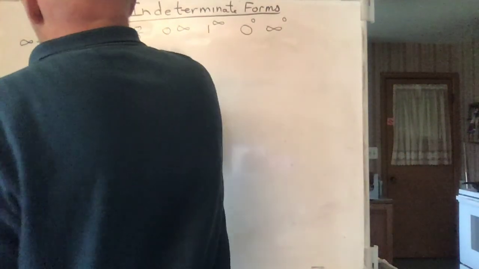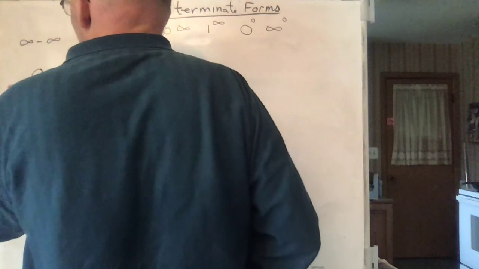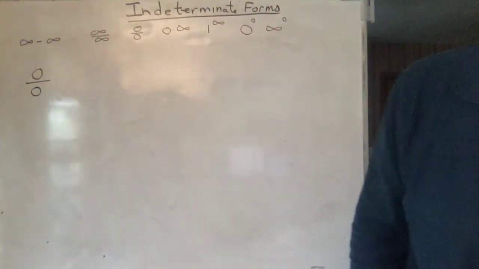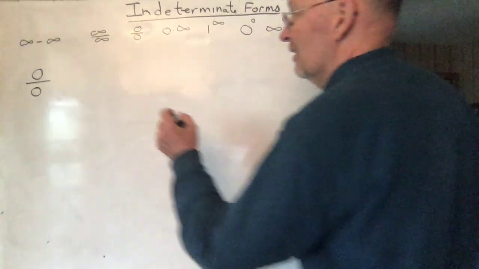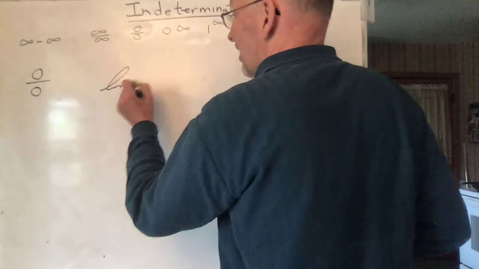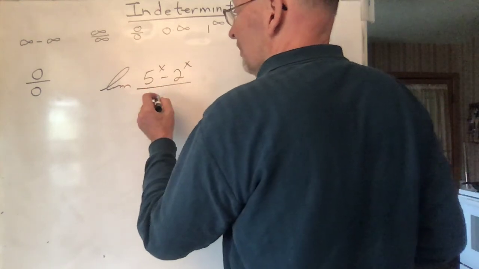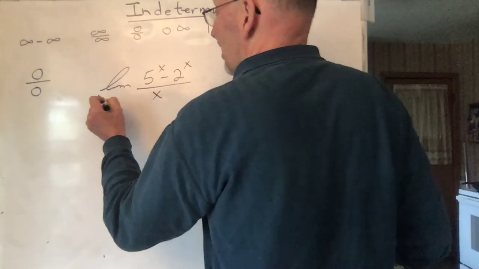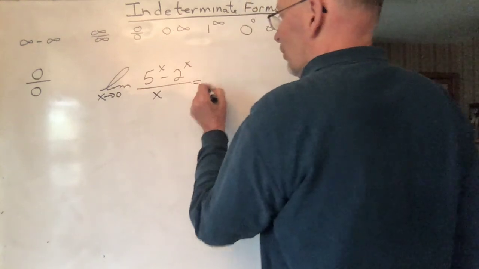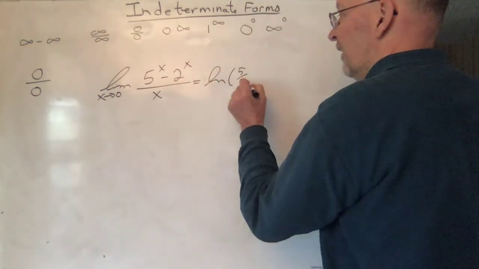Okay? What about 0 over 0? We did one in the last lesson, which was kind of interesting. This thing went to, remember, that was the ln of 5/2.